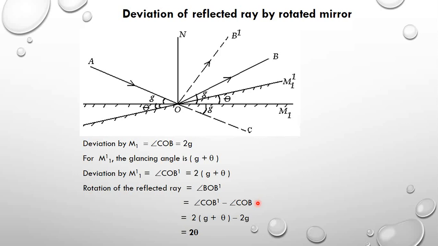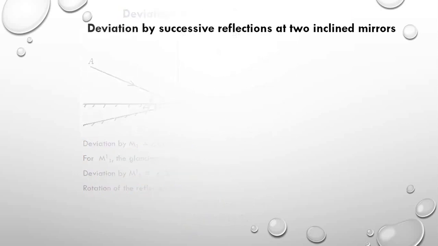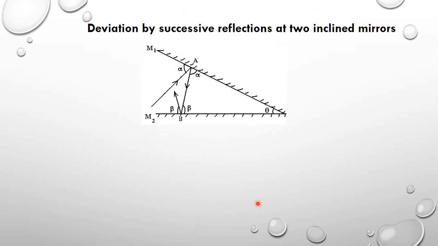Let us also continue and look at the deviation by successive reflections at two inclined mirrors. So here we shall have two inclined mirrors, M1 and M2, inclined at an angle theta. So we have this ray being reflected at this point A, and then again being reflected at B, and finally it gets out in that direction.